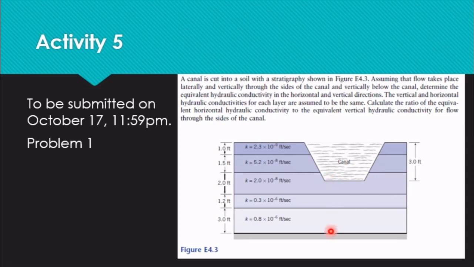So you can get the vertical hydraulic conductivity. Ito lang ang kukuhanan mo, ito and ito, kasi sila lang naman yung nasa ilalim ng canal. And then, you can compare the hydraulic conductivity ng vertical at ng nasa horizontal ng canal.